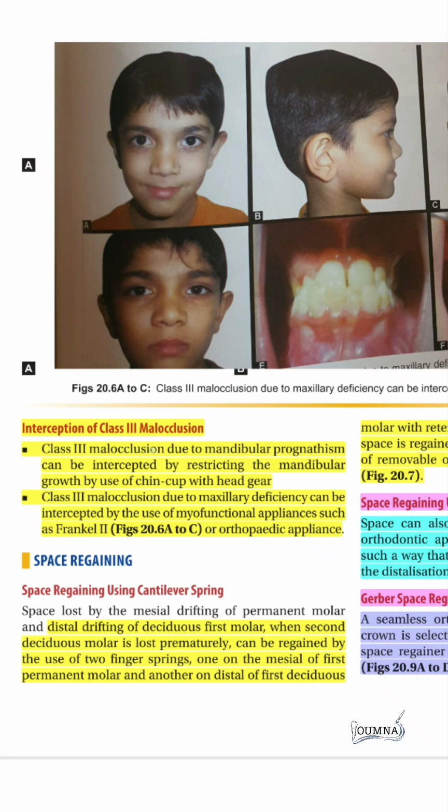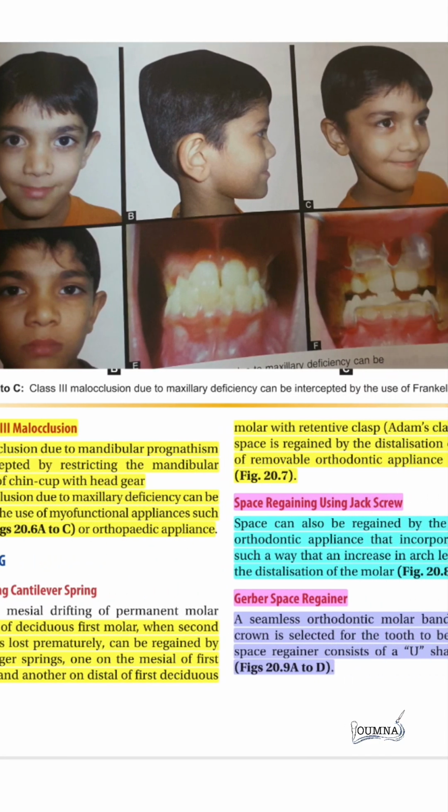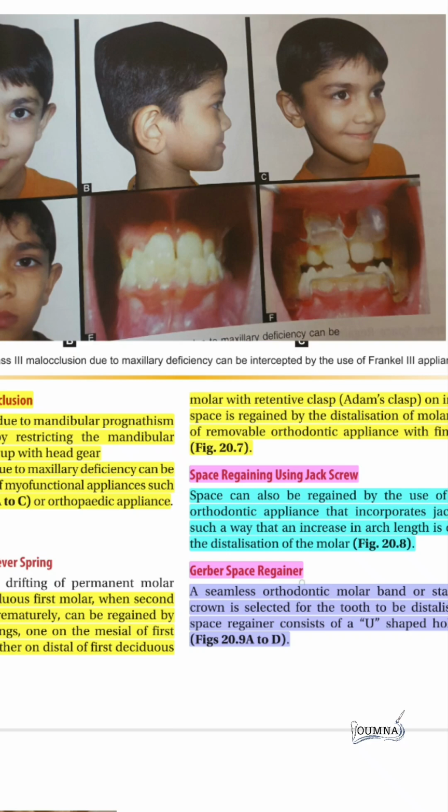But the interception of class 3 malocclusion, we should restrict the mandible growth by using a chin cup and headgear, or if it was a class 3 due to deficiency in the growth of the maxilla, we use a Frankel 2 appliance to enhance the development of the maxillary arch, like in this case.